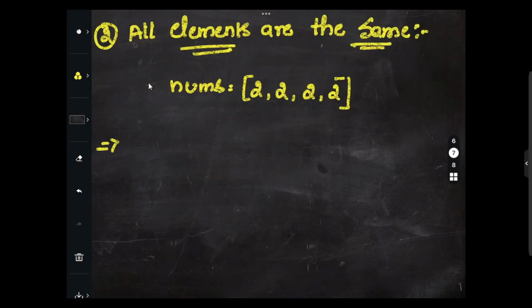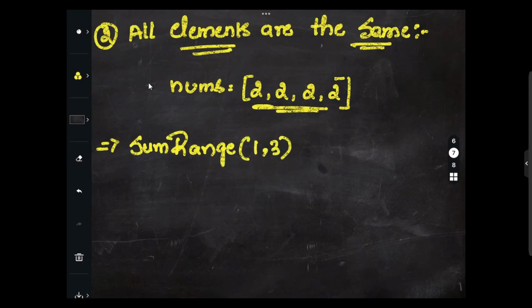Next, let's move on with the second edge case, nothing but all elements are same. When I say all elements are same, we are considering all the elements the same. In this case we have considered 2, 4 times. So let me consider some range of 1 comma 3 here. This is 6, and update, let's update the second index by 4 here.